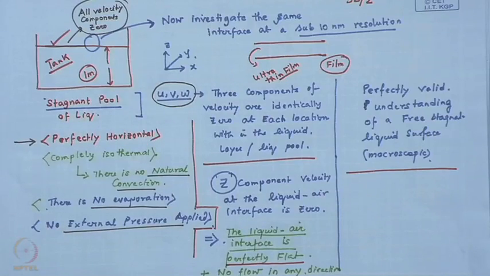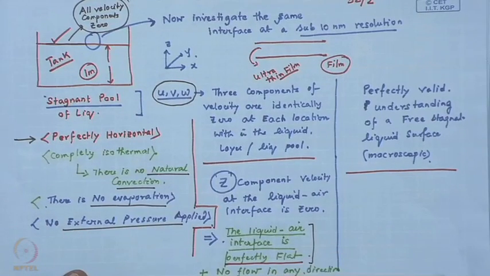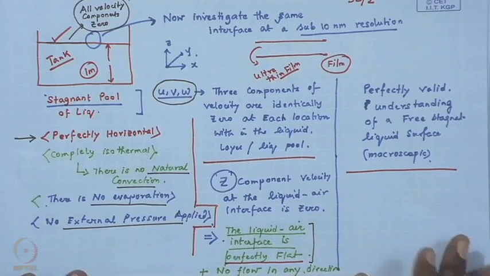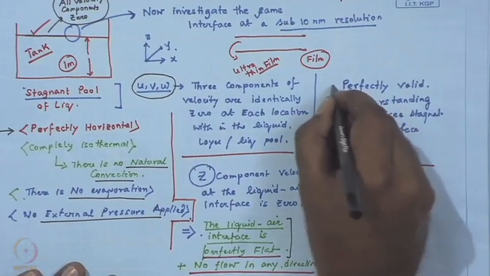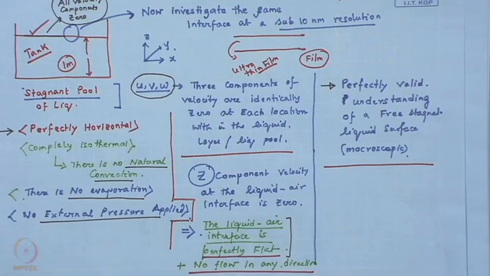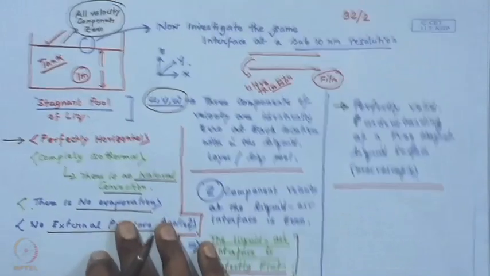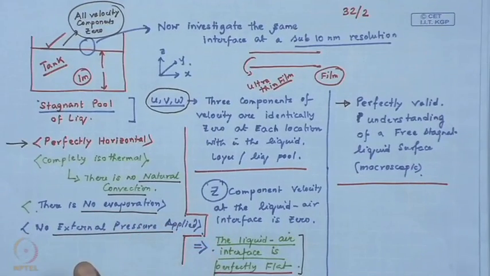Therefore, this interface is perfectly flat and there is no flow in any direction, which is a perfectly valid picture or understanding of a free stagnant liquid surface, or a perfectly valid macroscopic view.